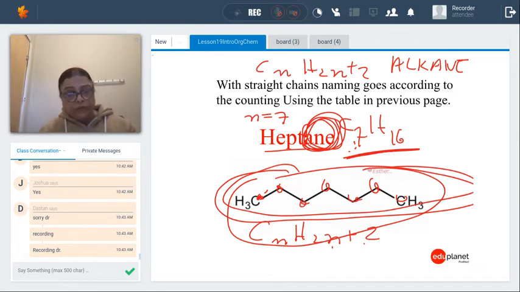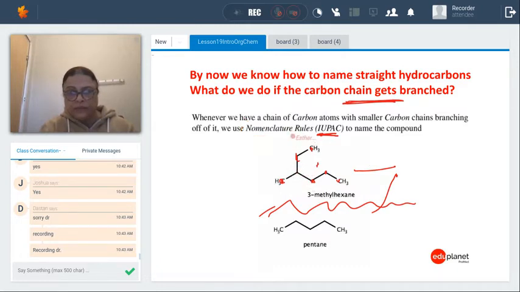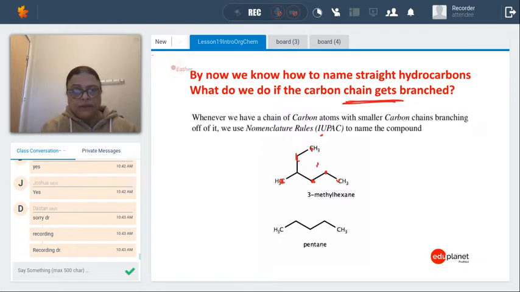There are branched molecules that have 7 carbons. Which one is which? As I said before, if you look at the molecule that is depicted in this slide, here we have 1, 2, 3, 4, 5, 6, 7.